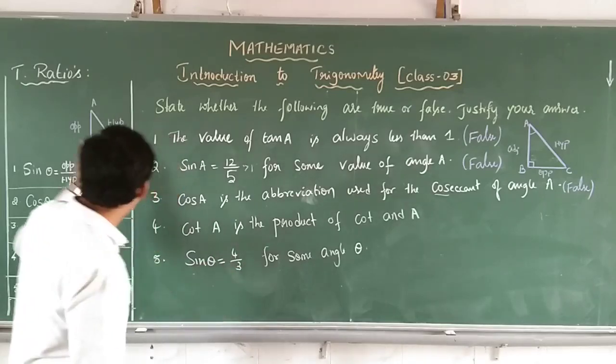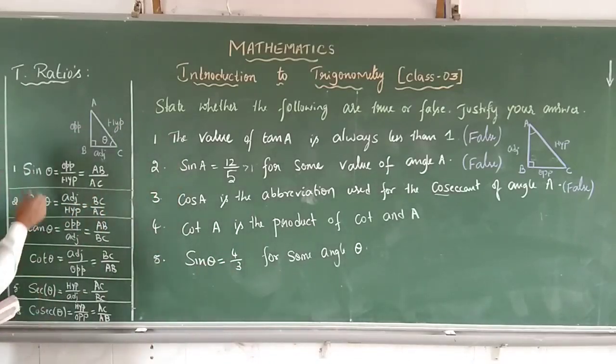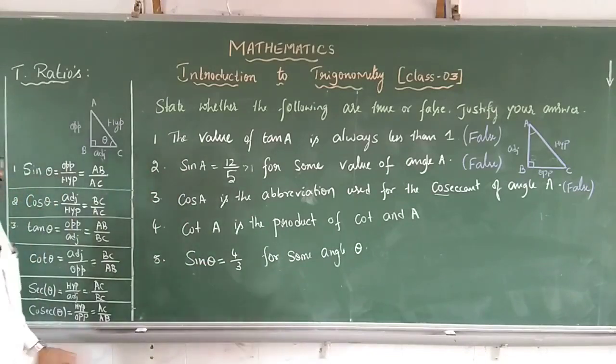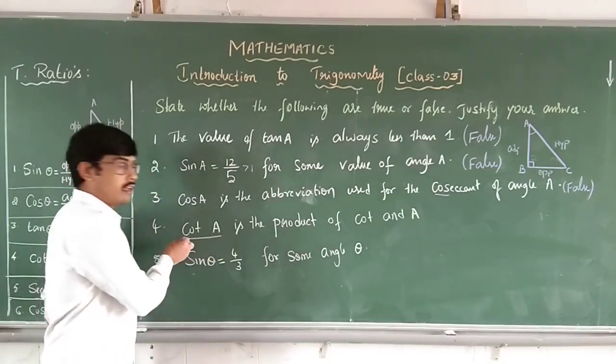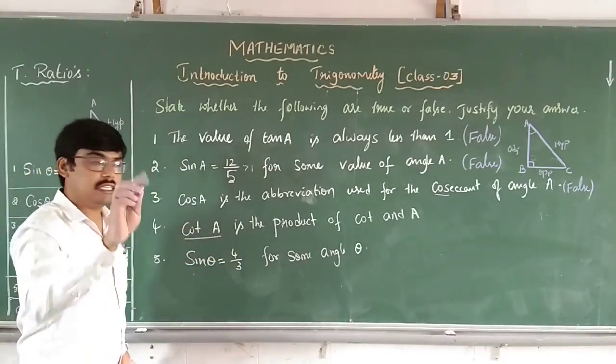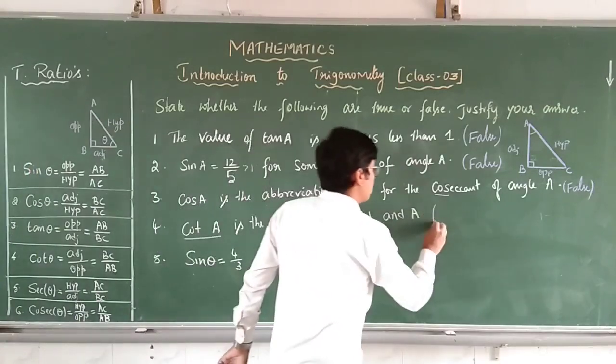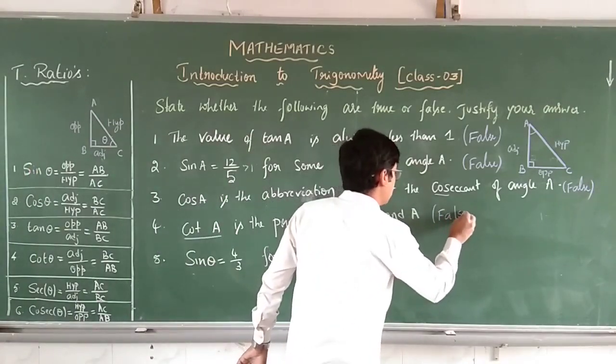So whichever ratio we take, we are not supposed to say sin into theta, cos into theta, tan into theta. Both together, cot A is a single term. So again this is also a false statement.